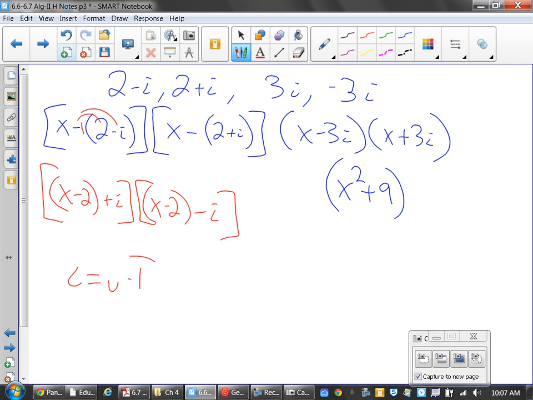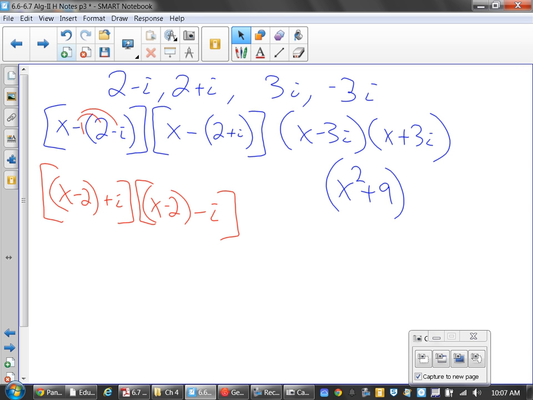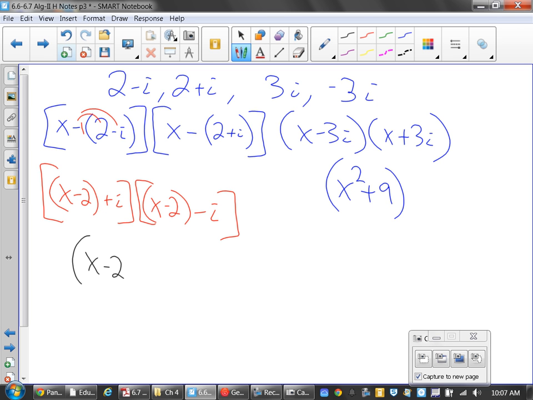So when you FOIL this out, you get the quantity x minus 2 squared minus I squared, times x squared plus 9. So you wind up with minus negative 1, which is positive 1.